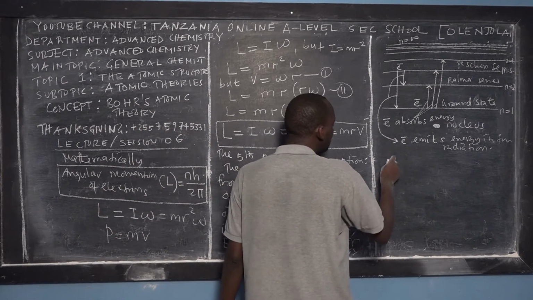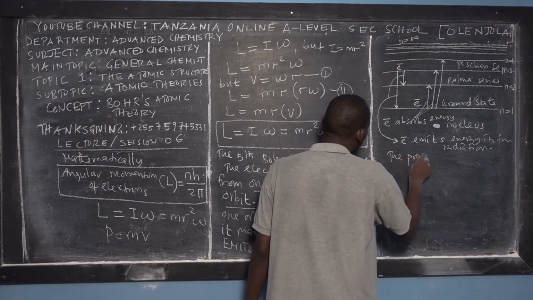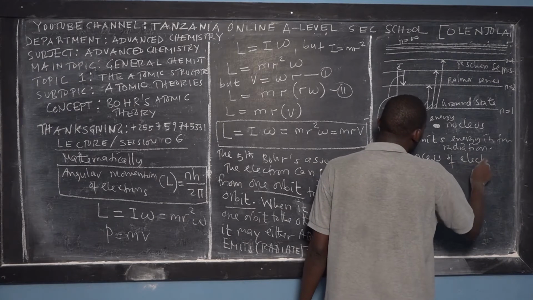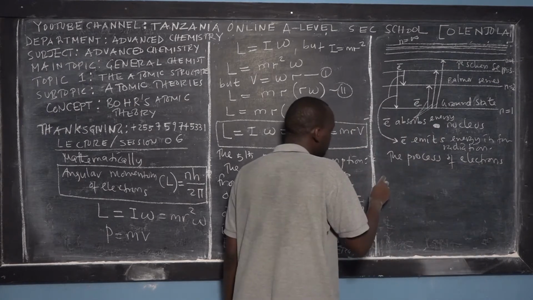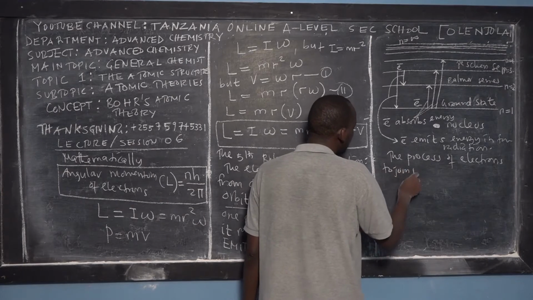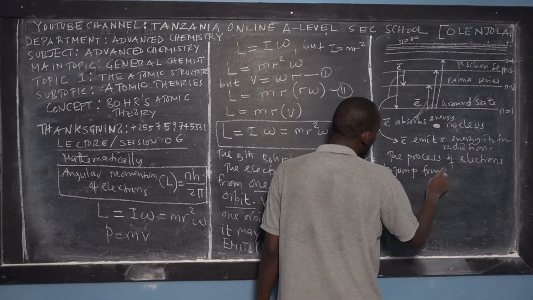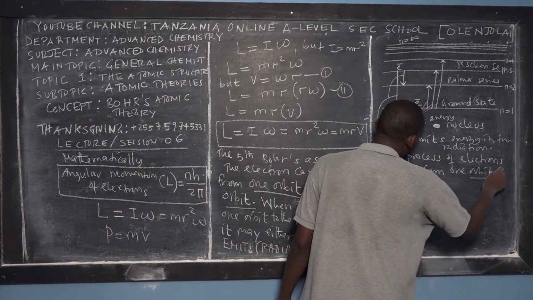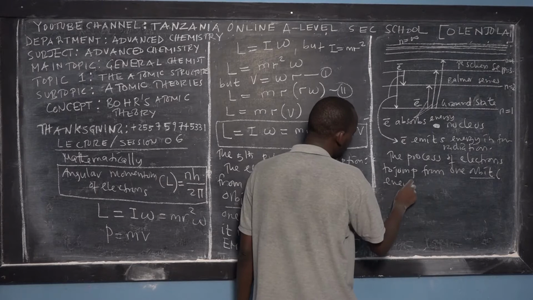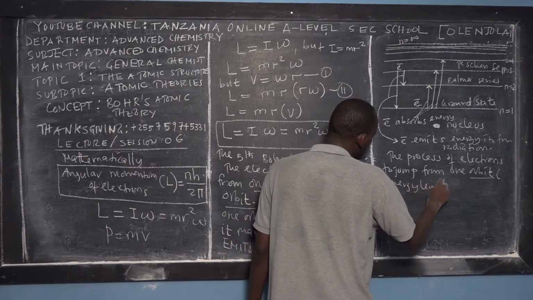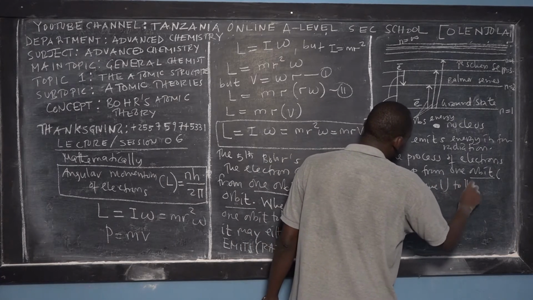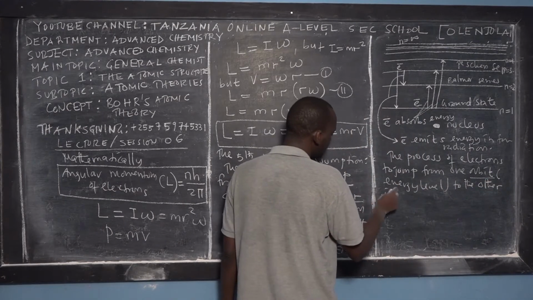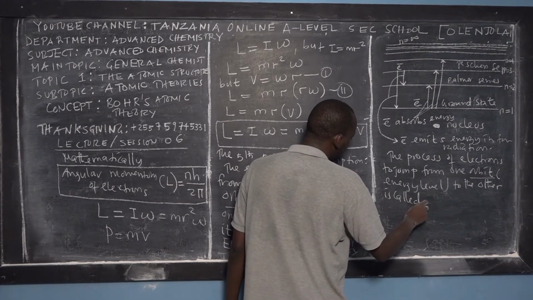So let me add this concept, it can help you. The process of electrons, or the tendency of electrons to jump from one orbit, according to Bohr, or one energy level to the other, is called excitation.